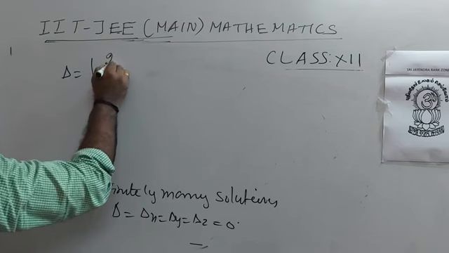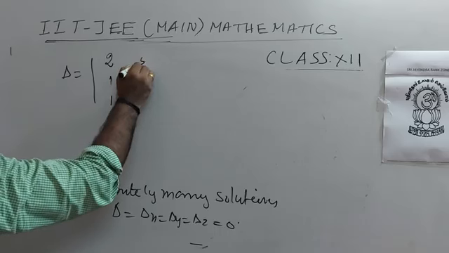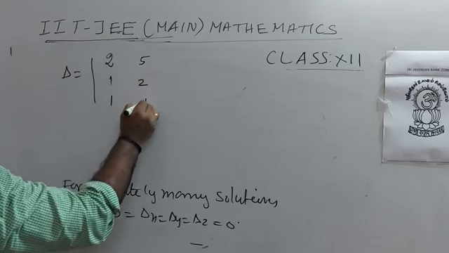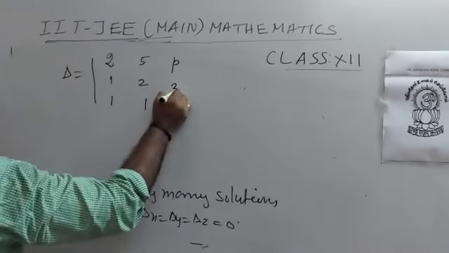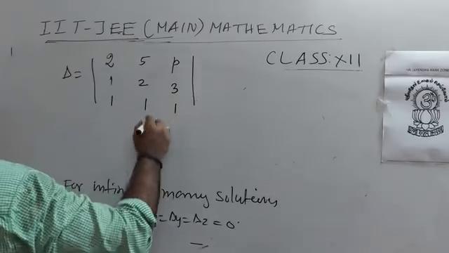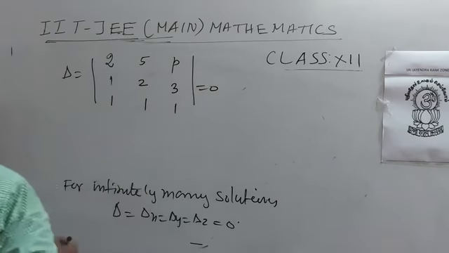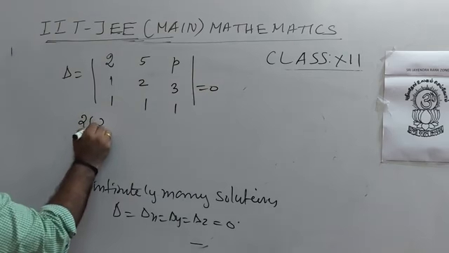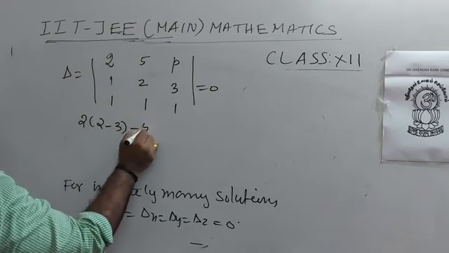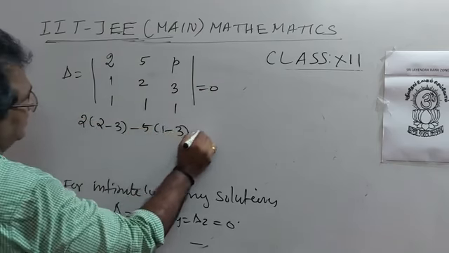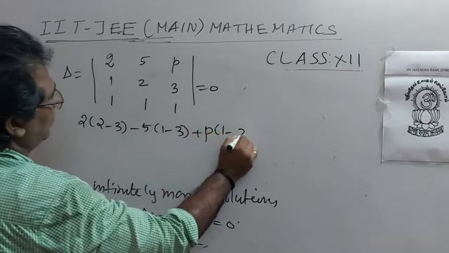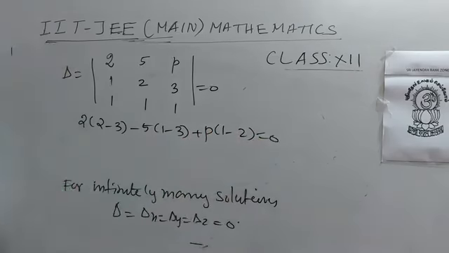That is 2, 1, 1, 5, 2, 1, p, 3, 1 equal to 0. 2 into 2 minus 3, minus 5 into 1 minus 3, plus p into 1 minus 2 equal to 0.